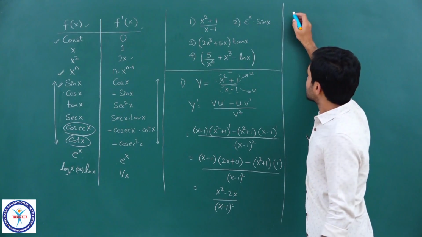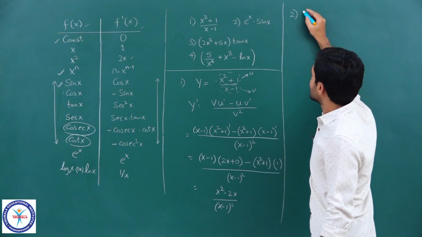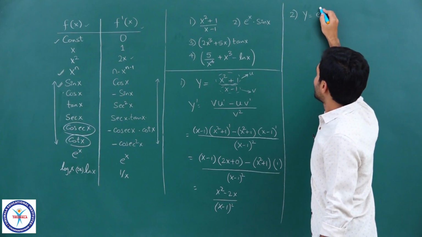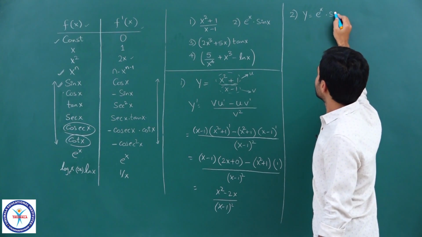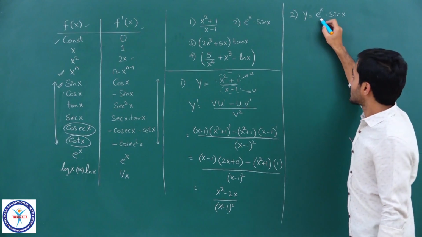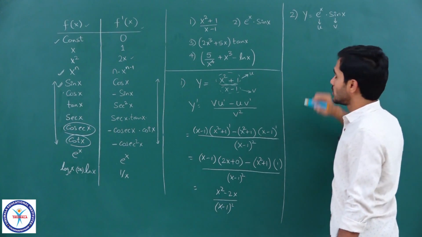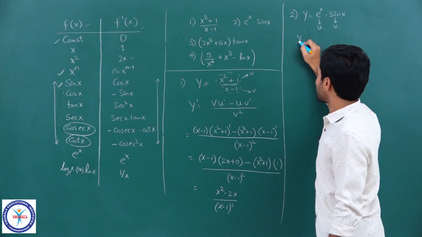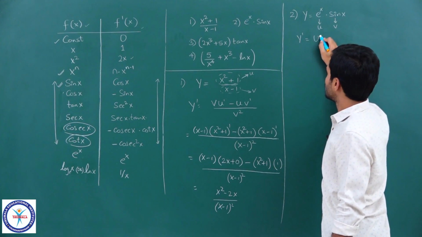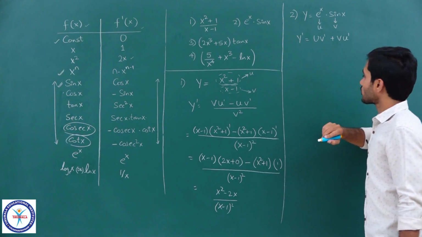So, if I see this second function, f of x or y is given as e power x into sin x. So, even in this scenario, I will consider this as the first function u, this as the second function v. You know the expression for derivative of y, we can write it as u v dash plus v u dash, correct.